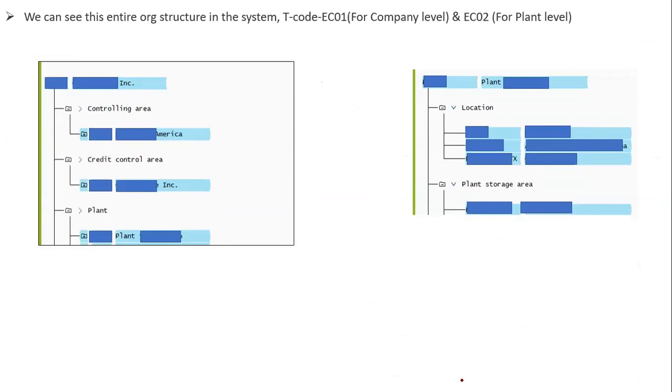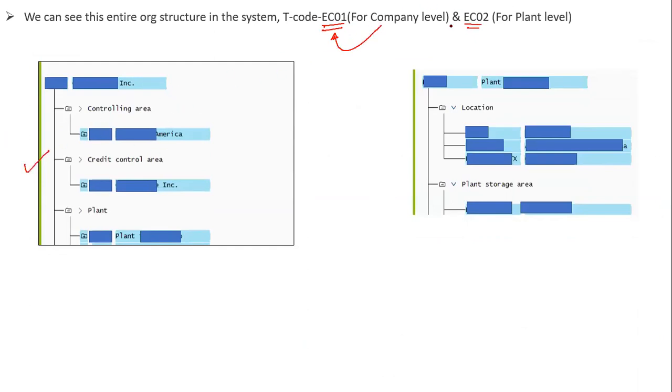Now, once we have created the entire organization structure, defined the enterprise structure and assigned them, we can see the entire structure with the T code EC01 and EC02. If we put the T code EC01, we can see the entire structure at company code level.